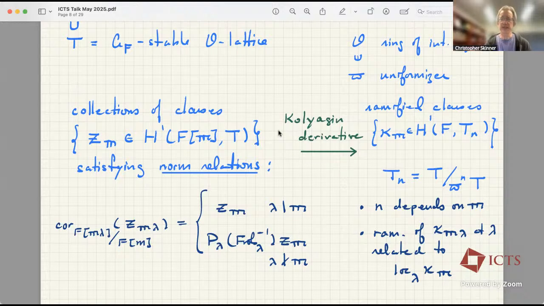But if we're actually introducing extra ramification into the field, so lambda didn't divide m, then we don't quite get the class z_m, but we get a polynomial in the Frobenius of lambda acting on that class. So we get the image of that class under the action of a polynomial in the Frobenius of lambda.